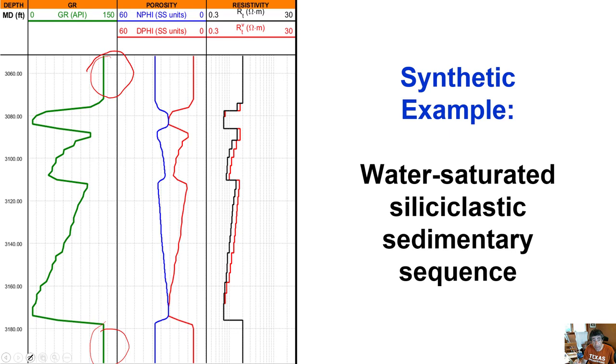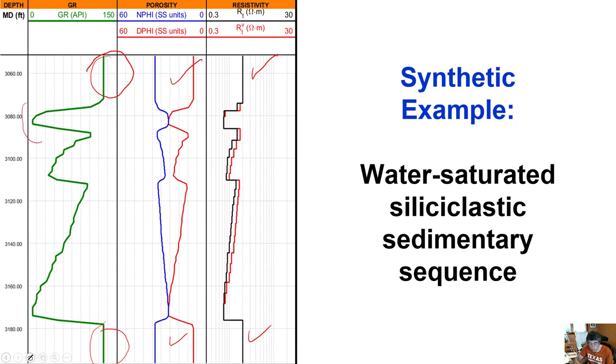And because of the values of gamma ray log that we have there, and also because of the values of neutron and density logs that we have there, and because of the values of resistivity at the top and at the bottom, we immediately recognize that the two shales at the top and at the bottom have equal properties. Good. Second, because the resistivity parallel to bedding plane and perpendicular to bedding plane are the same, that means that that shale is isotropic. Now, let's move on to see what happens with the sandstone.